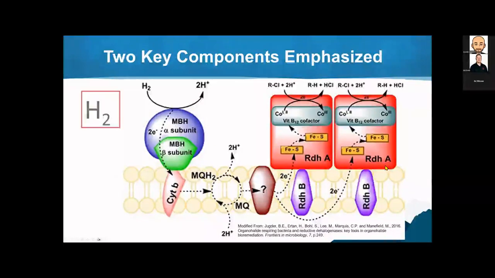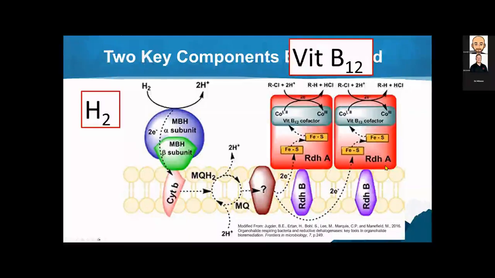And key to each of these components is hydrogen for the membrane-bound hydrogenase. No source of hydrogen, you're done. And vitamin B12. No source of vitamin B12 to transfer the electrons from the cobalt to the chlorinated compound, you're done.